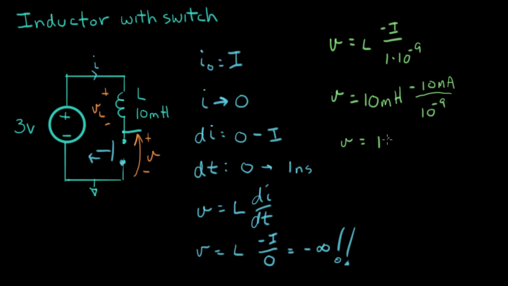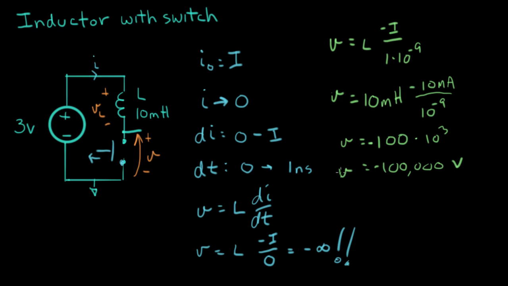So it's 100 times 10 to the minus 6 over 10 to the minus 9, which is 10 to the third. And there's a minus sign here.